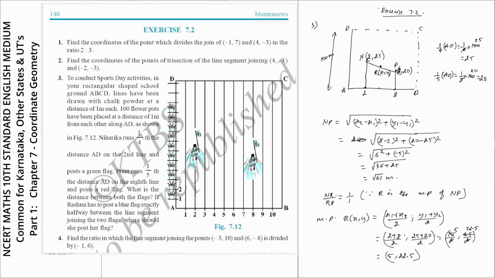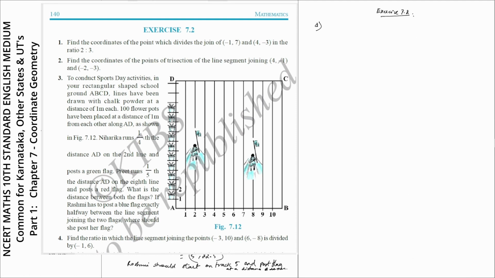Last, one more sentence I have added there: Rashmi should start on track 5 and post the flag at a distance of 22.5 meters, and that completes this problem.